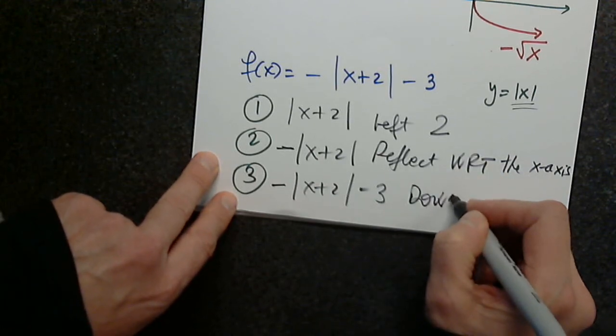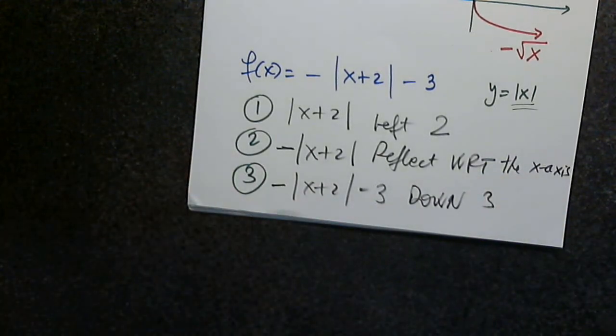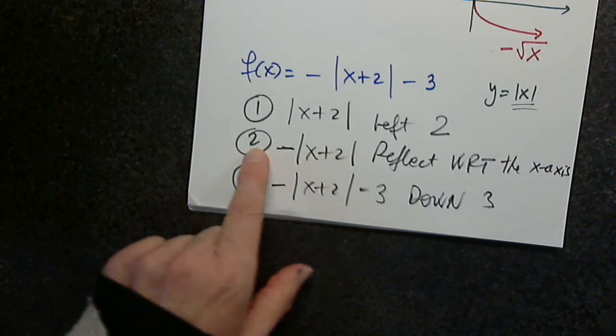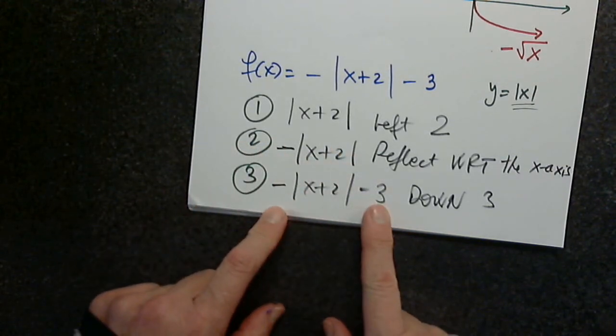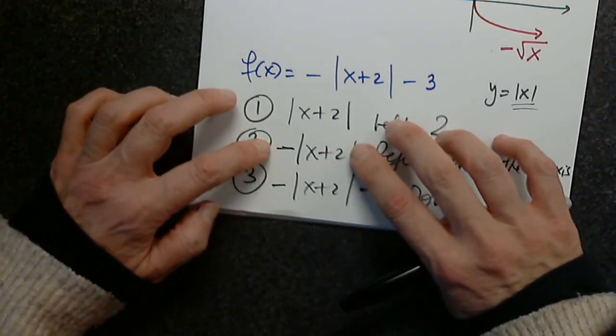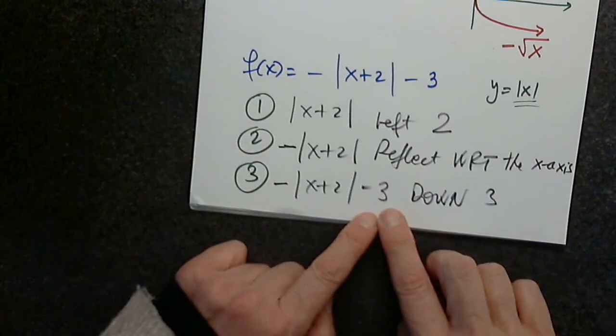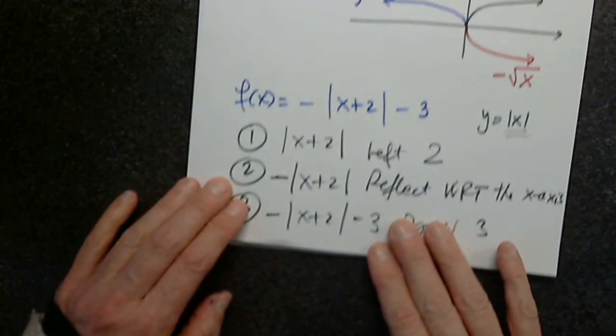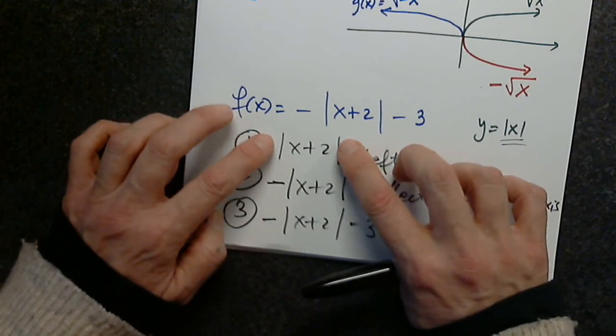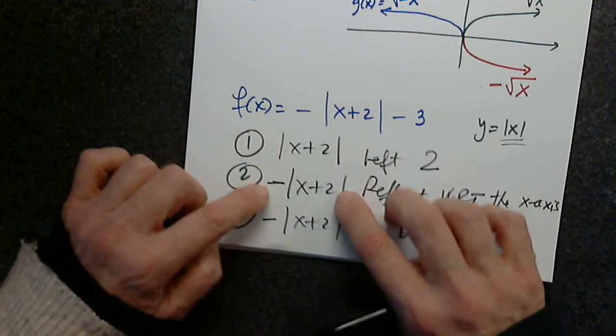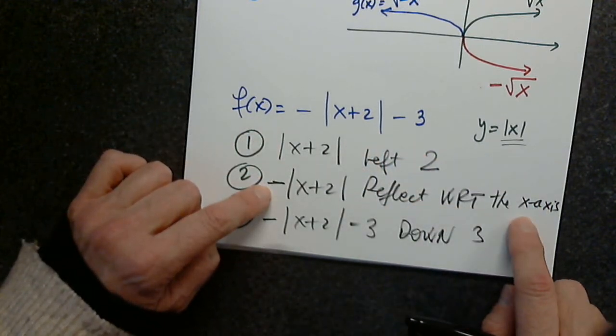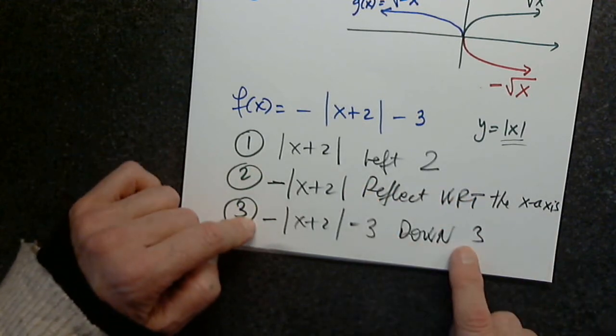Very good. The function from number 2 goes down 3. Now, this, multiplied by negative 1, will reflect. This, subtracting 3, will be down 3.